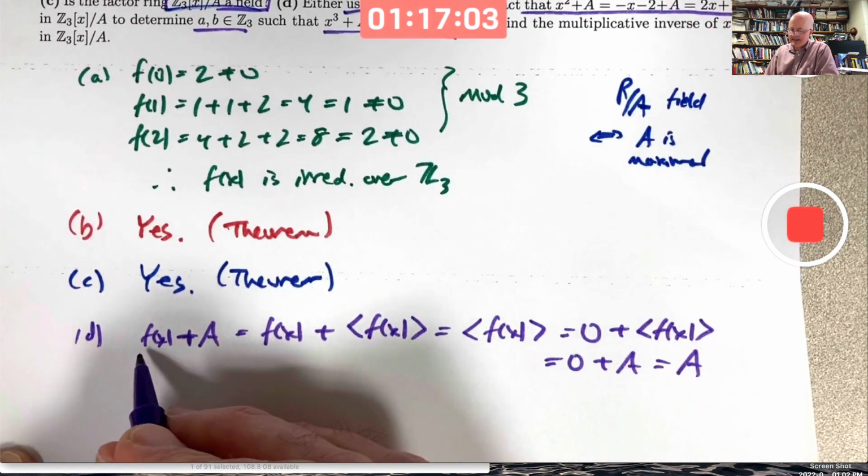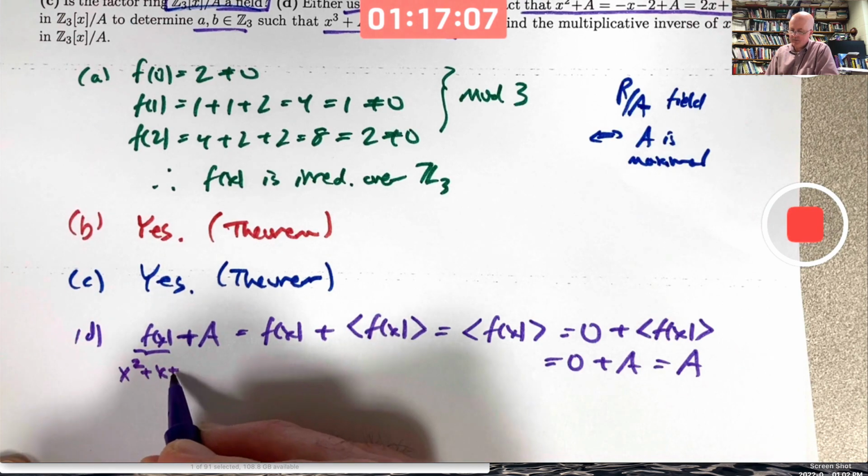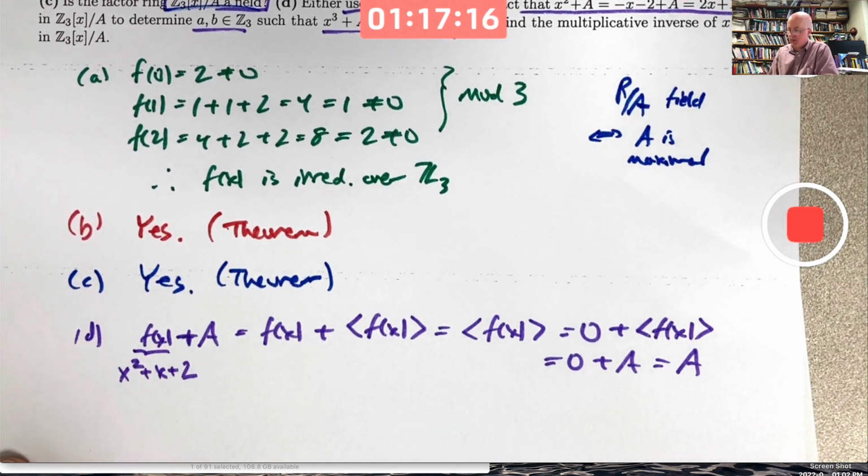Now f of x is x squared plus x plus 2. And by the way, the root is ultimately going to be x plus A. That left coset x plus A is going to be the root, or at least one root.